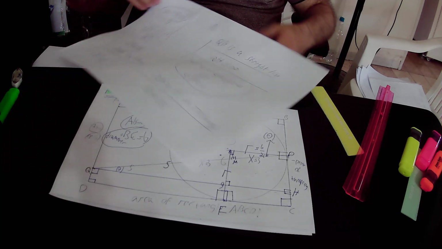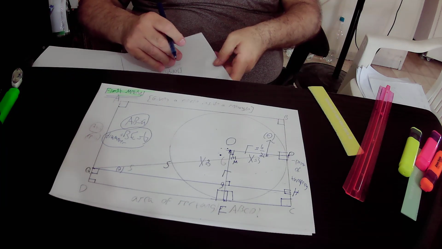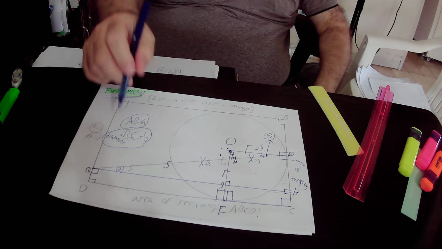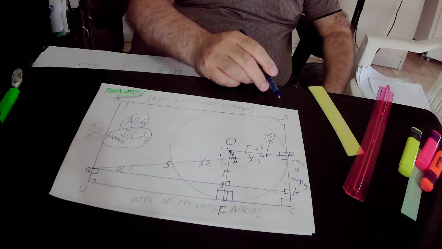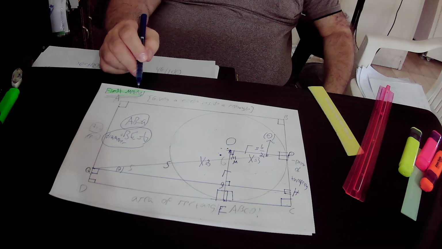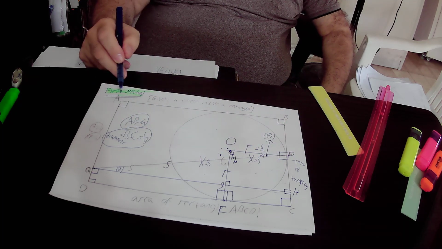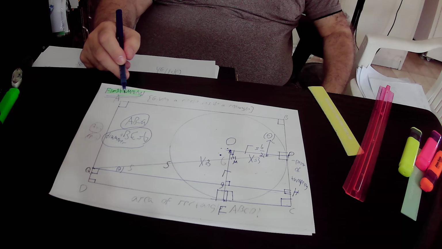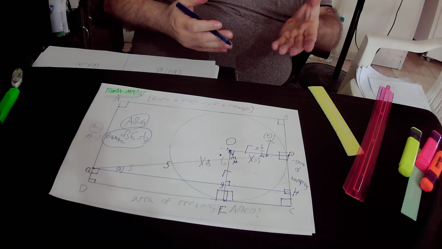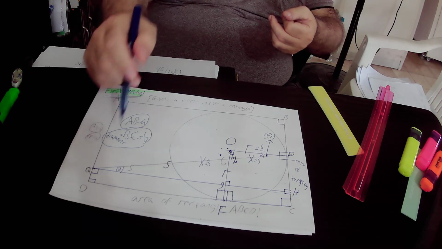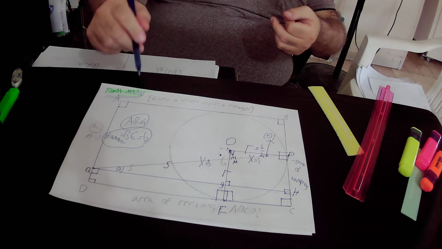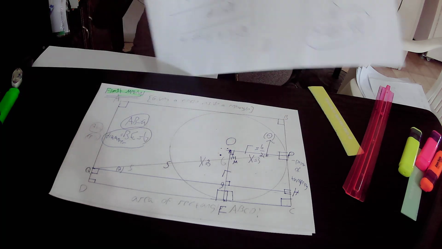But DC is the opposite side of AB in rectangle ABCD, and we know that the opposite sides of a rectangle are equal to each other. That is to say, DC equals AB.